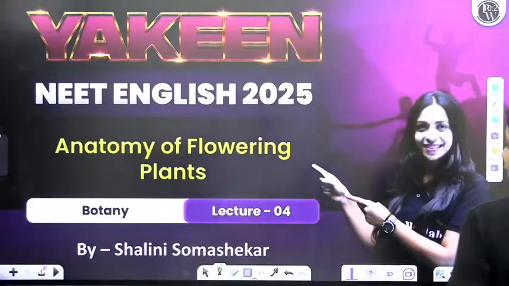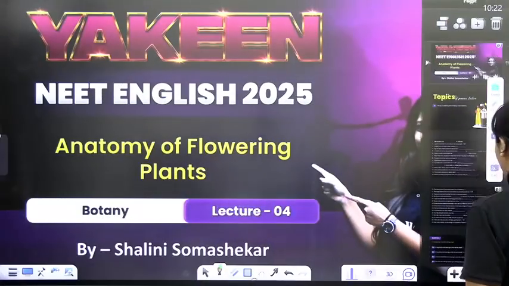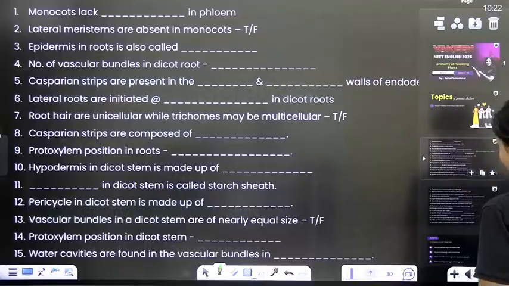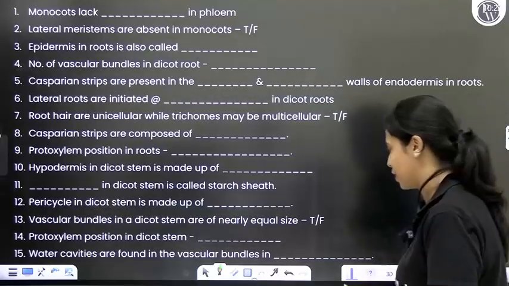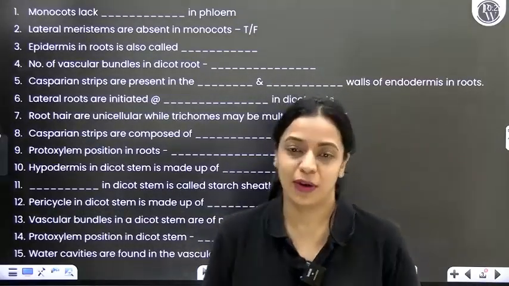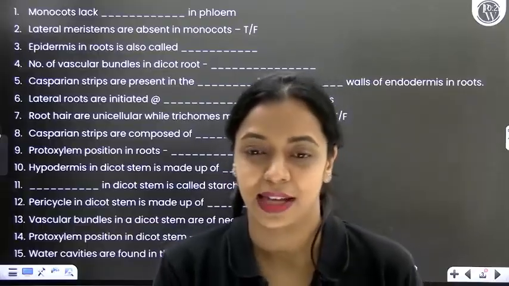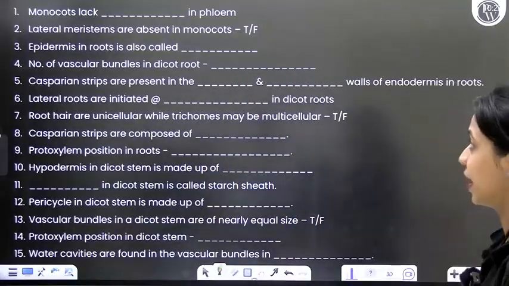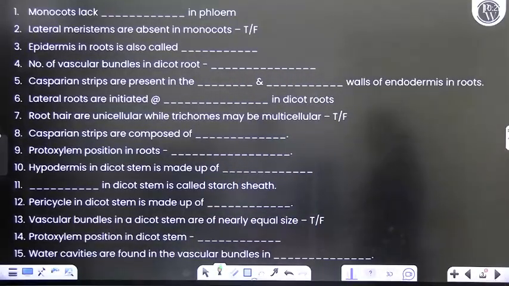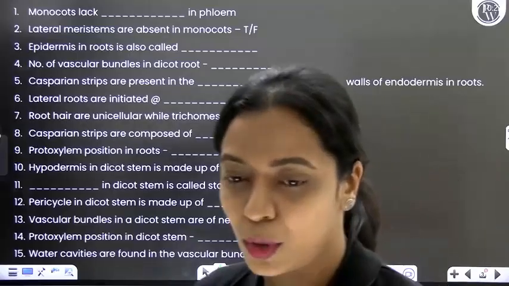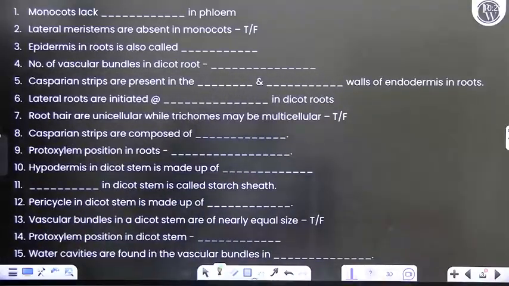If no doubts, then we'll move on. We'll answer a couple of questions related to anatomy of flowering plants first. Quickly start typing in the comments box. I will move aside. Look at the questions carefully, read them carefully and start answering.